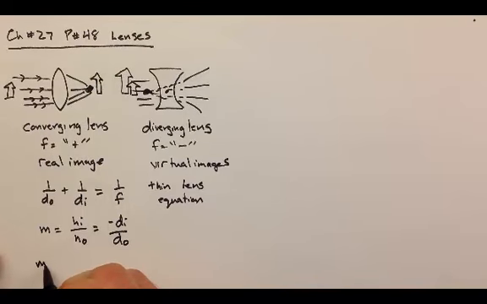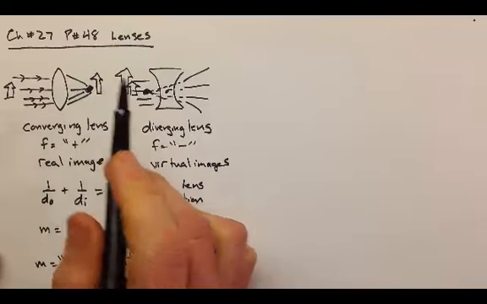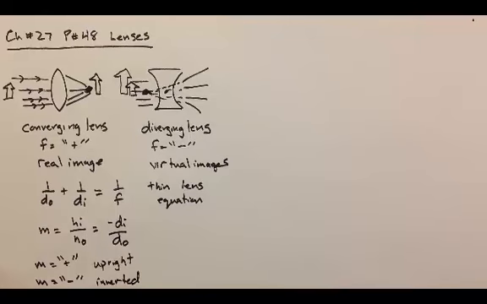Now, if m is positive, the image will be upright. That is, it won't be flipped. For instance, this image here started out upright and ended up upright. If m has a negative sign, then the image will be inverted.